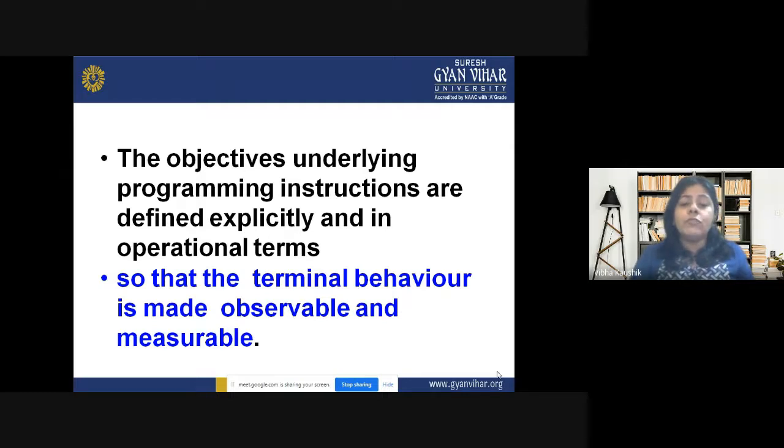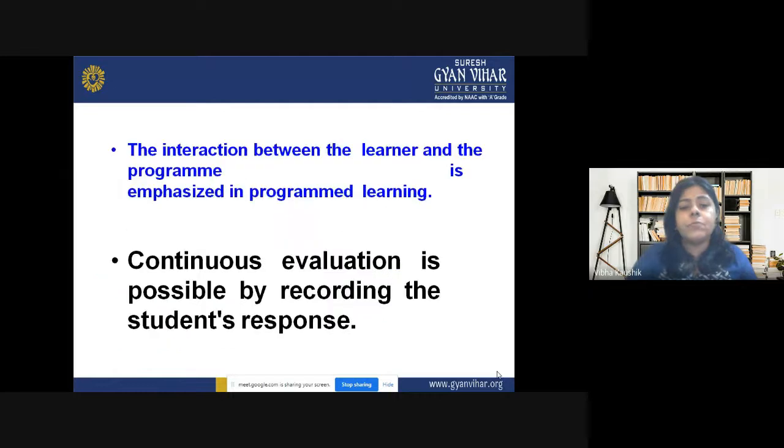The teacher can easily observe it and measure how much they have learned and what changes have been made in their behavior.